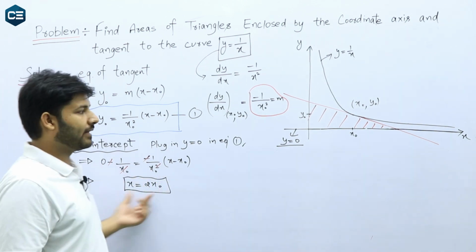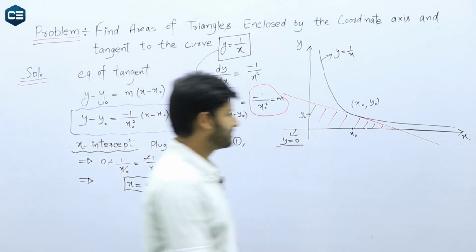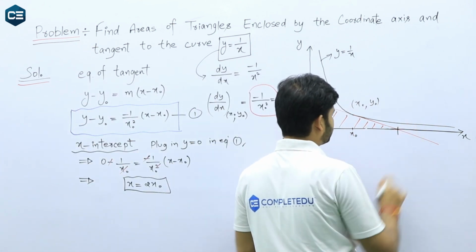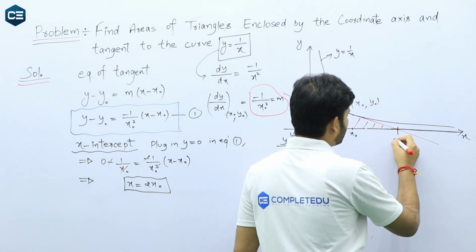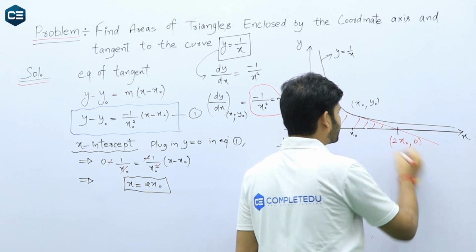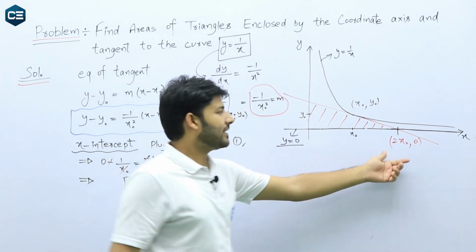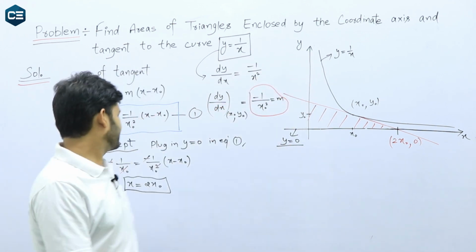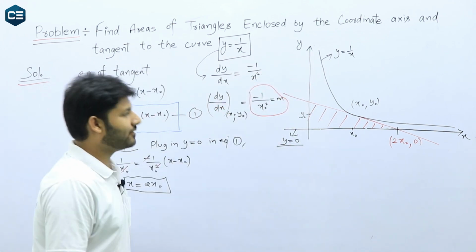So let me mark that point in our geometrical figure. This point we get is 2x0, and y is obviously 0 here. So this is half of the part, and now we will find this coordinate y, and for that I'm going to use symmetry.